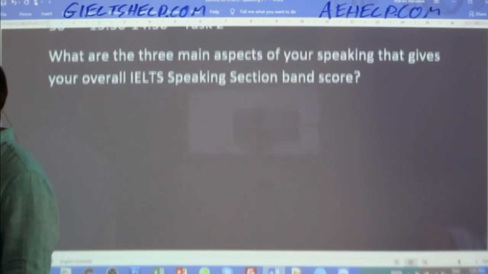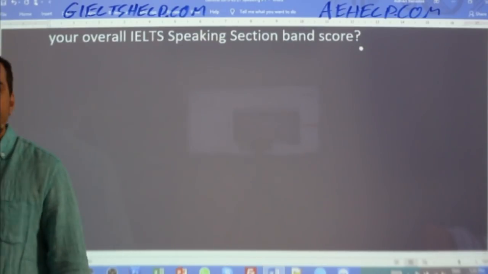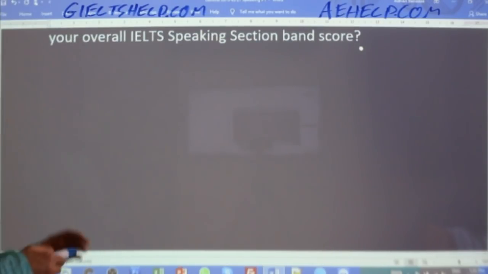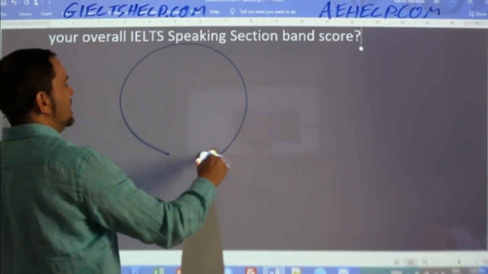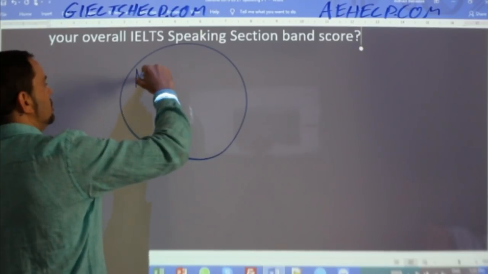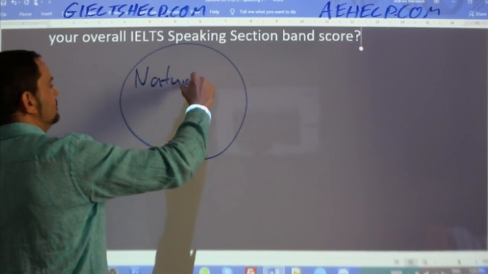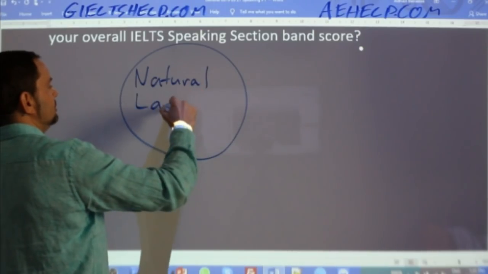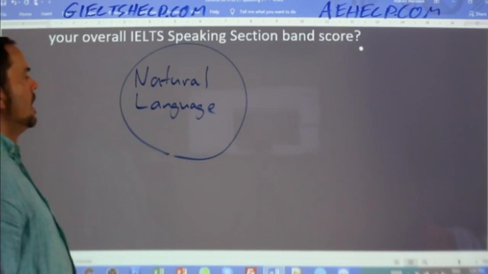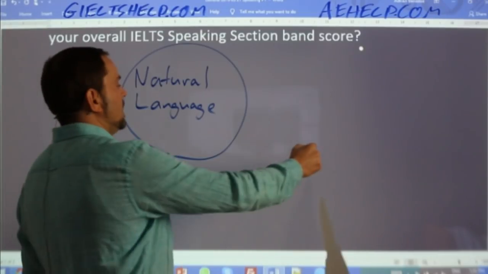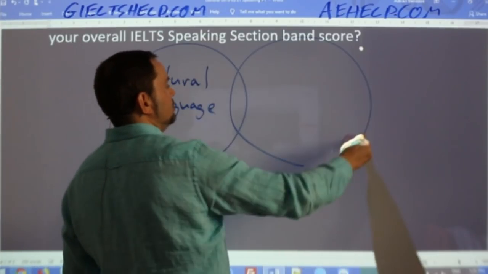I'm going to draw this up as a Venn diagram for you. So the IELTS is looking at natural language in your IELTS speaking. They're also looking at coherent language.